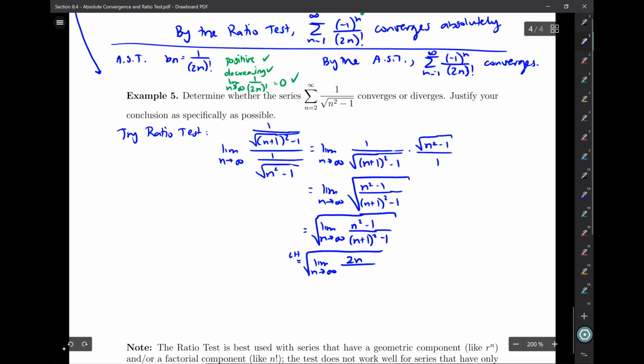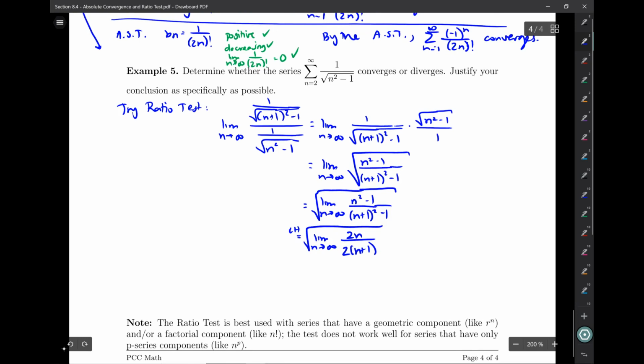That would be 2n over 2n plus 1. That's using the chain rule. Notice we still get infinity over infinity, and I would use L'Hopital's again. The limit as n goes to infinity, and now it would be 2 over 2, which now we can see the limit is definitely 1.